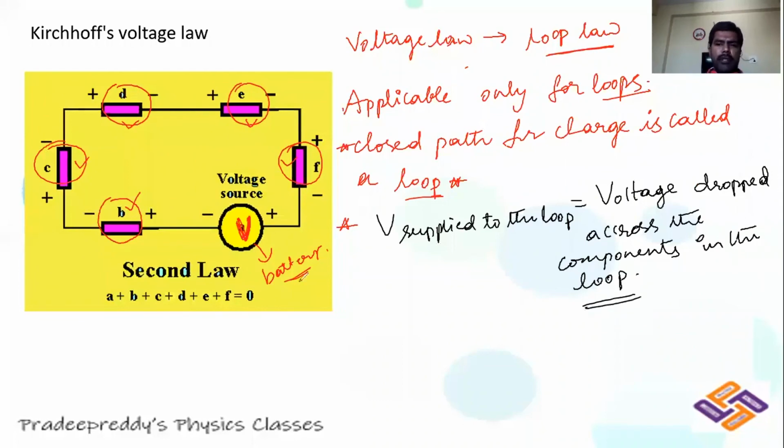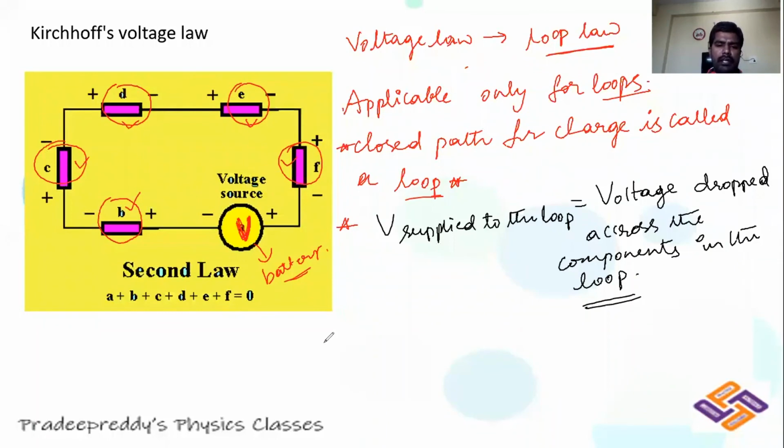So it's a very simple statement. For a closed loop, you need to identify which are suppliers and which are consumers. Total voltage being supplied will be equal, mathematically, to total voltage dropped across all the capacitors, all the resistors, or all the consumers.